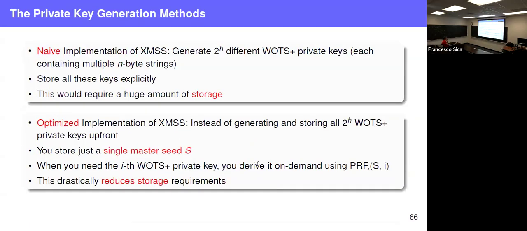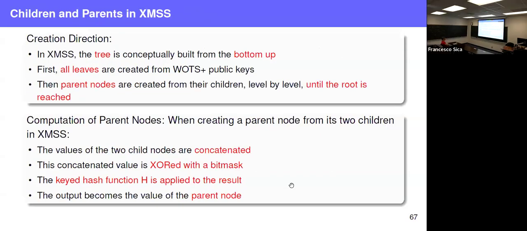As I mentioned before, unlike the naive implementation, where we created all private keys and then used all of them during the process, in the optimized implementation, with just a master seed, we use each private key on demand.